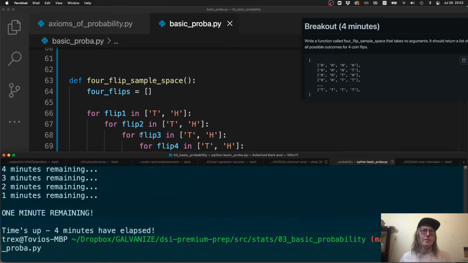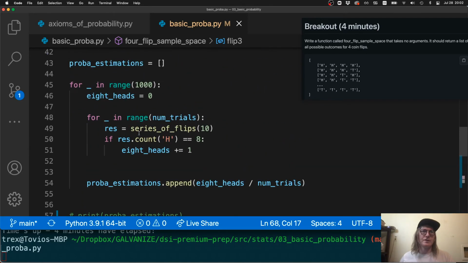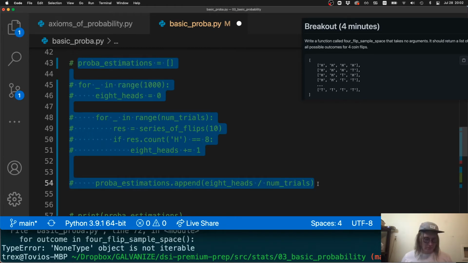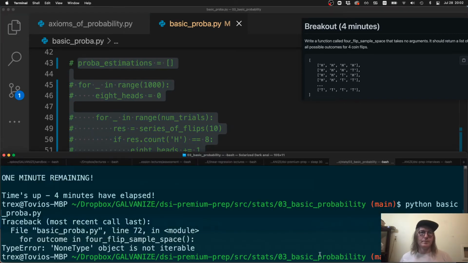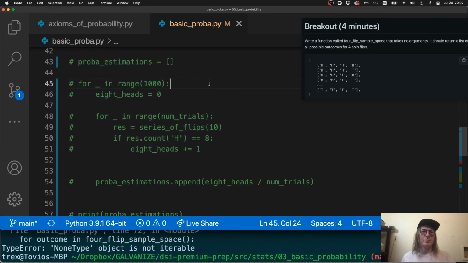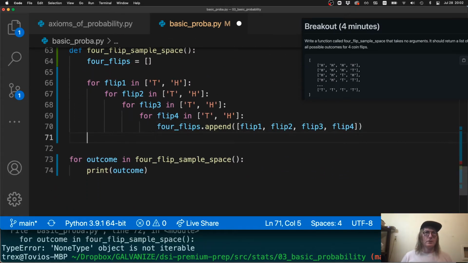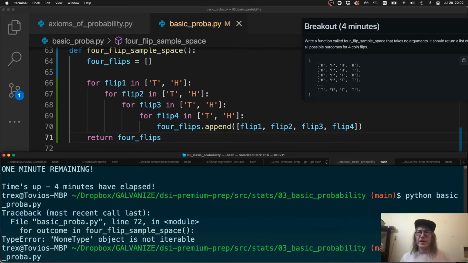Oh, something else is running, of course. Let me just comment this out. Try that again. NoneType object is not iterable. I am not returning four_flips. Since I'm returning None, I can't iterate over anything. So let's try that again.